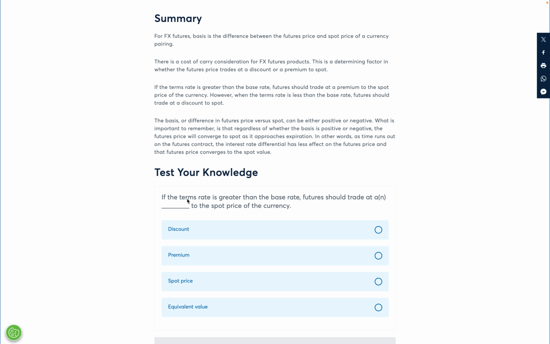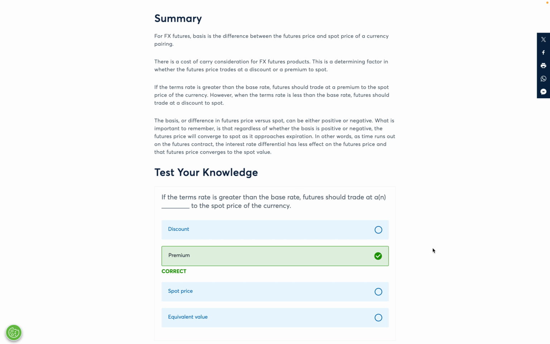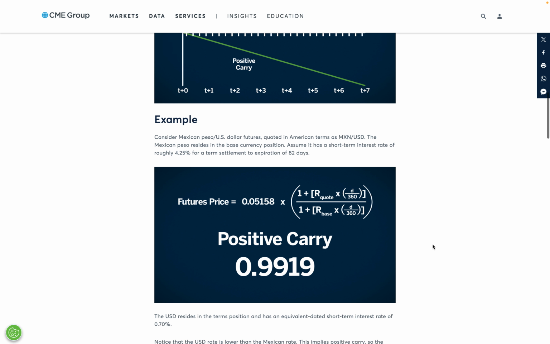If the term rate is greater than the base rate, so the term rate being the second currency is greater than the base rate, futures should trade at a, the answer would be discount. Yeah. What? Premium. Okay, let's go over that again because that doesn't make sense to me yet.